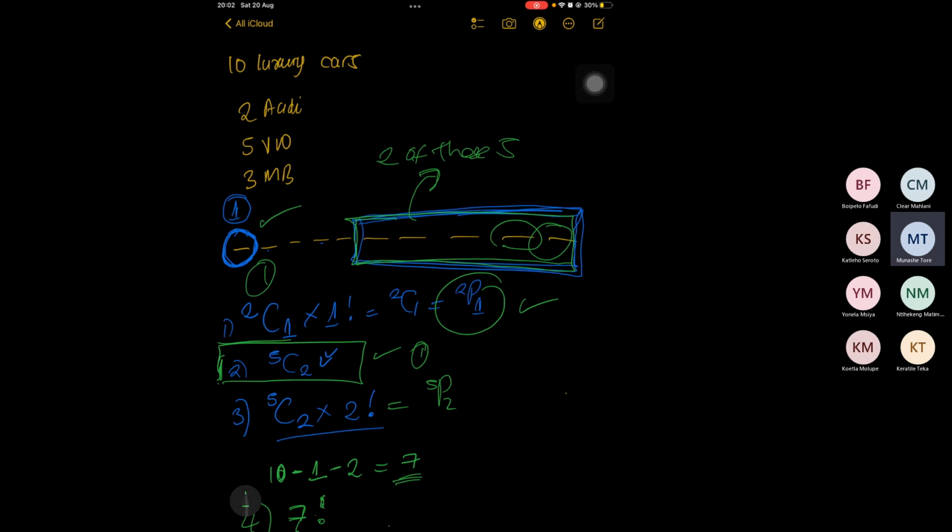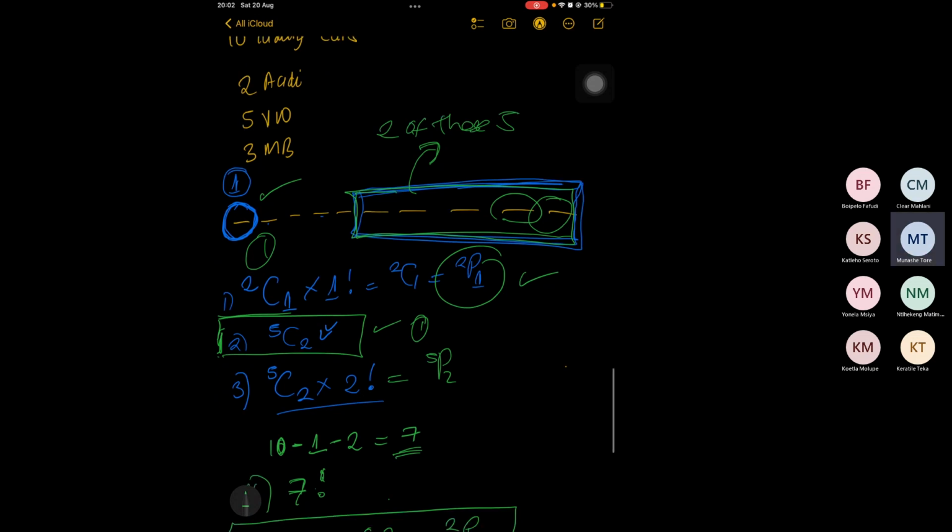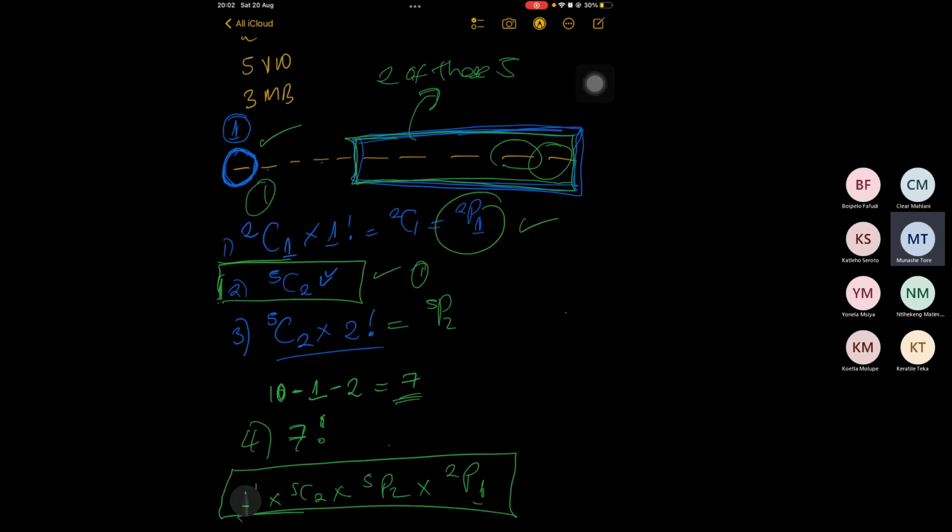We want to choose 2 positions out of the 5 that we already have, as our main points of interest. So we want to choose 2 positions out of the last 5. You consider that as an operation on its own, which is 5 choose 2.